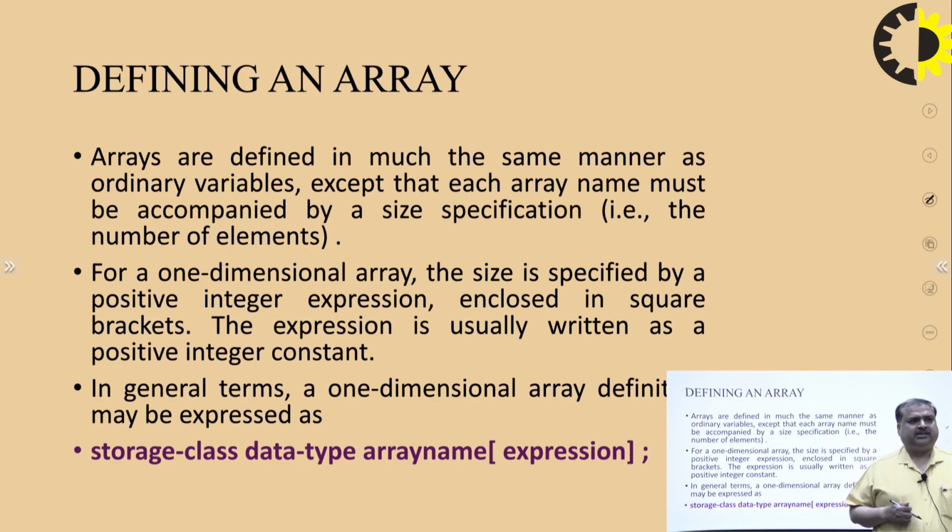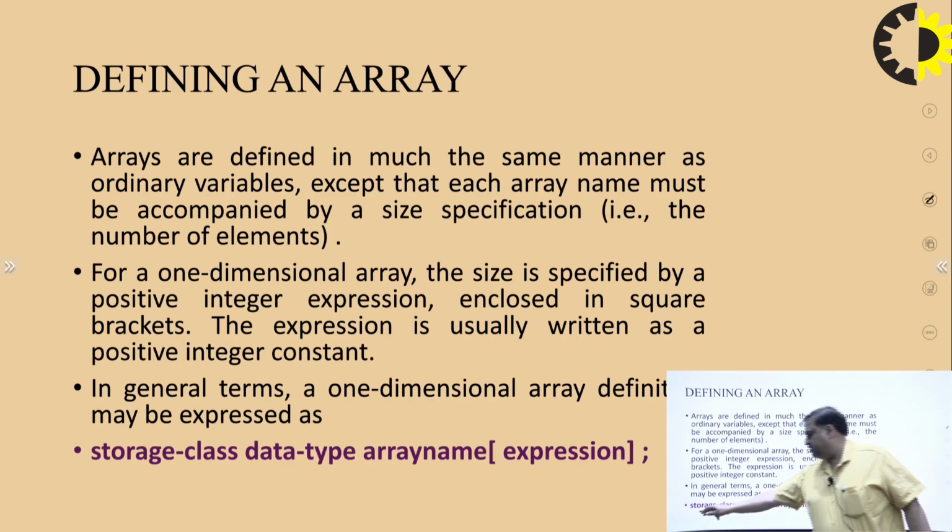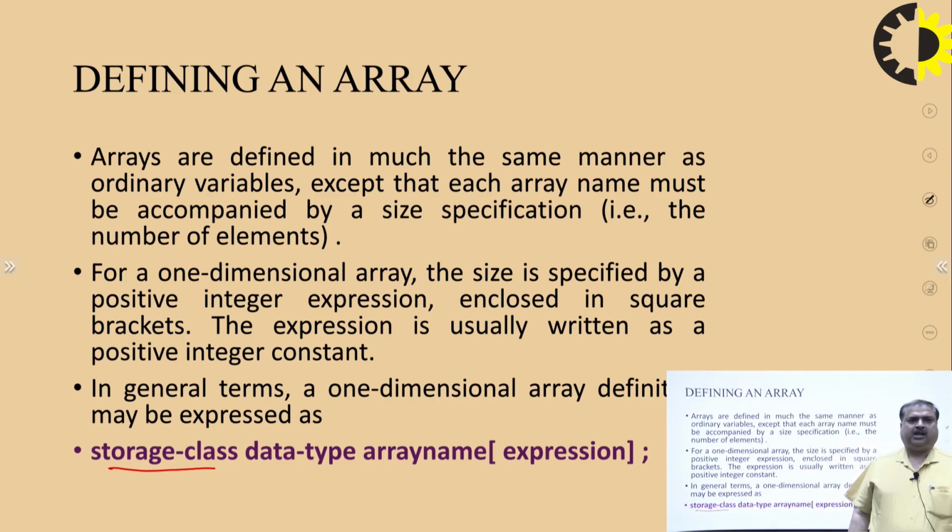So arrays are defined in a manner similar to ordinary variables, but as they are collections, we need to define their size. The size is defined with the help of square brackets. So the syntax for declaring or defining an array is, first we may use storage classes. I hope you remember what the storage classes were.